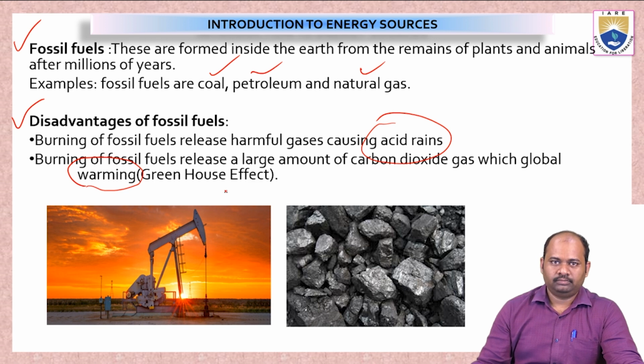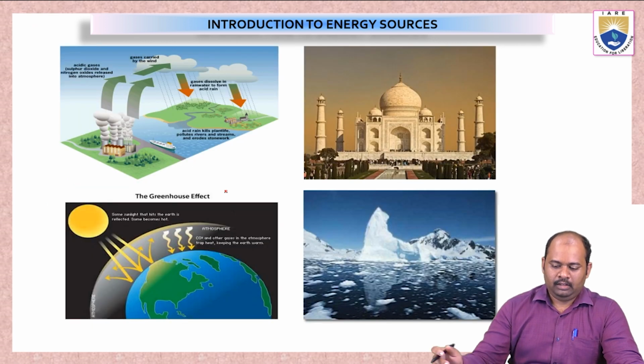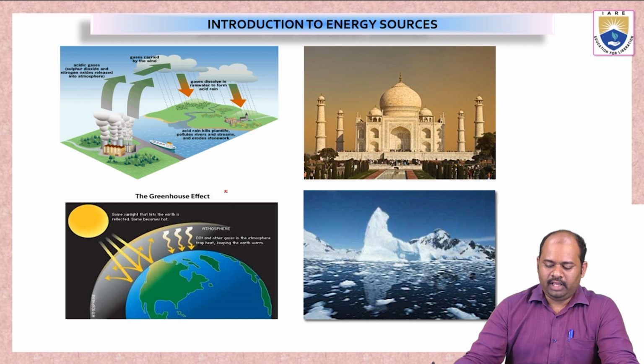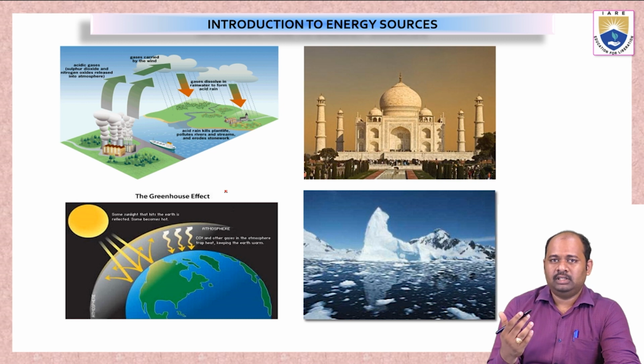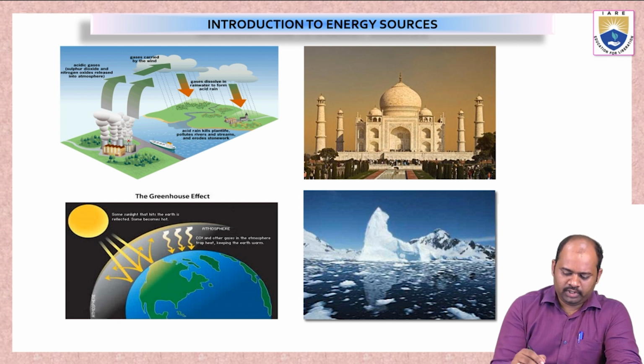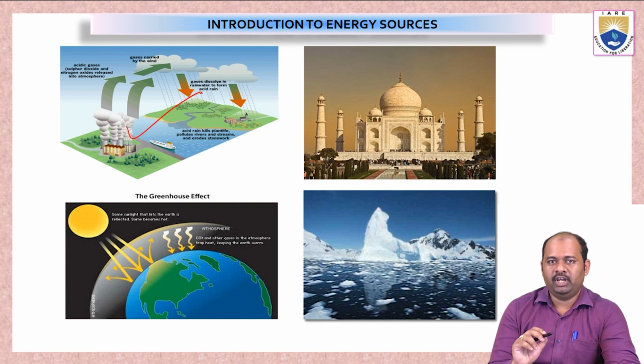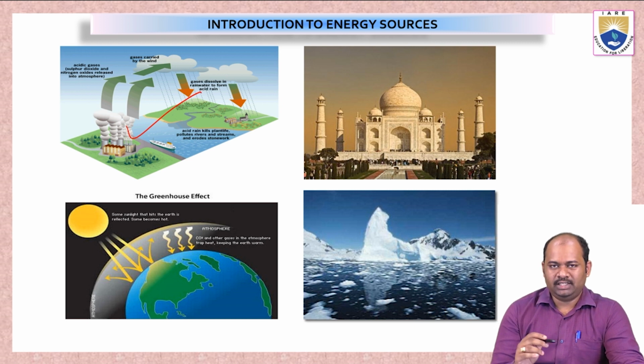Now, these are some of the effects of the gases being produced by combusting or burning fossil fuels. The first one is the greenhouse effect, where we produce a large amount of smoke which contains carbon dioxide, carbon monoxide, and sulfur dioxide.